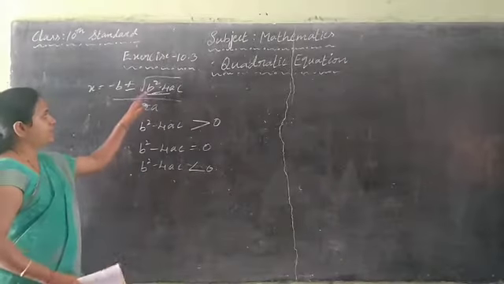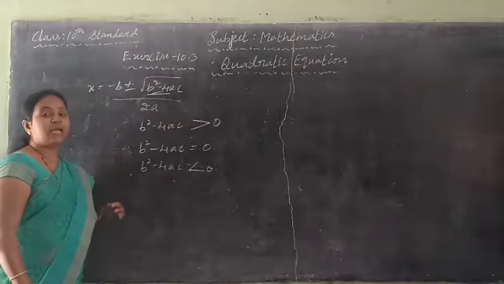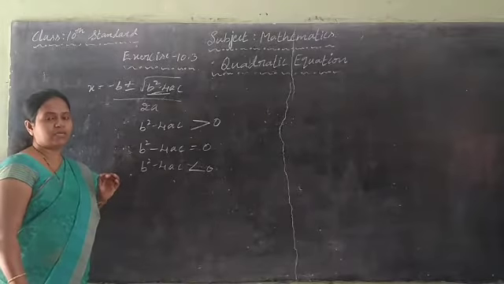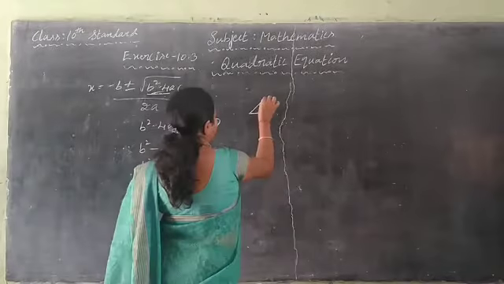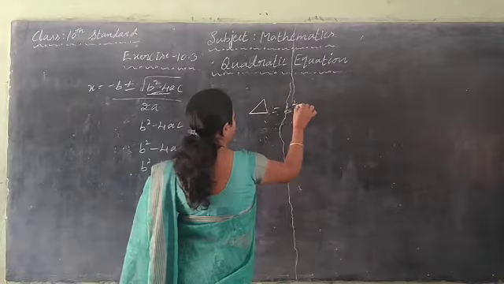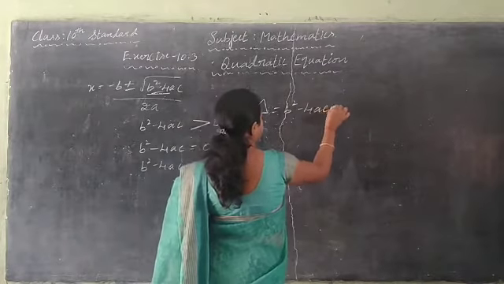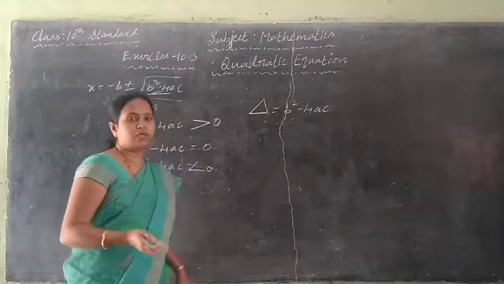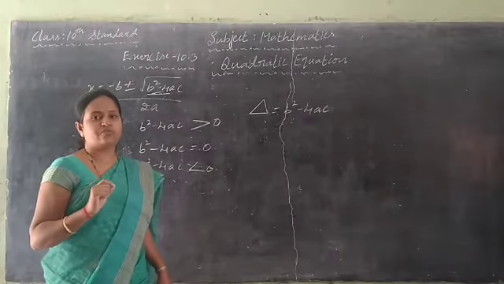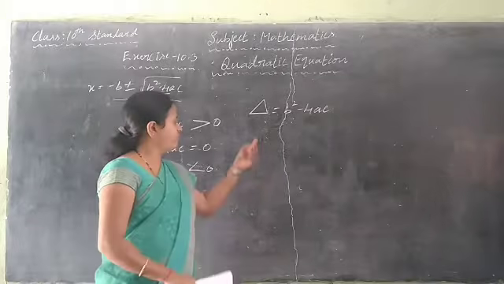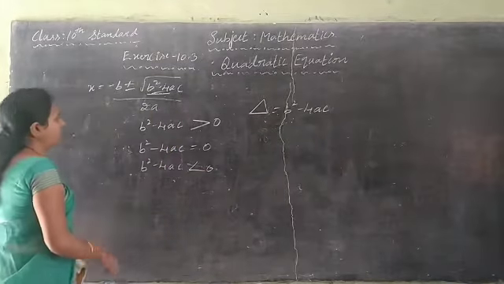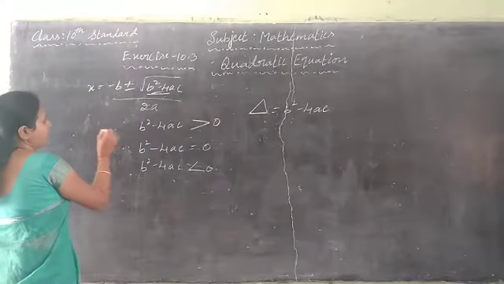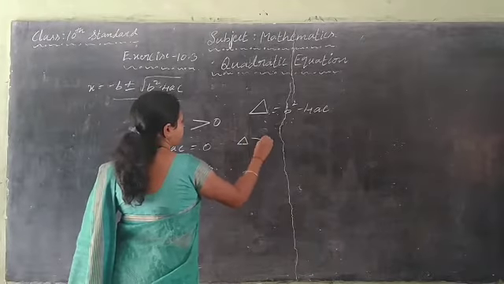See children, b square minus 4ac is called a discriminant, and we are going to denote that by delta. Delta is equal to b square minus 4ac. Understood? If b square minus 4ac is greater than 0, that means delta is greater than 0.